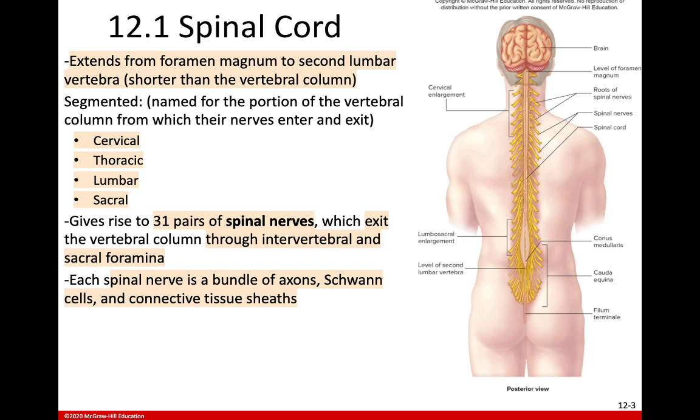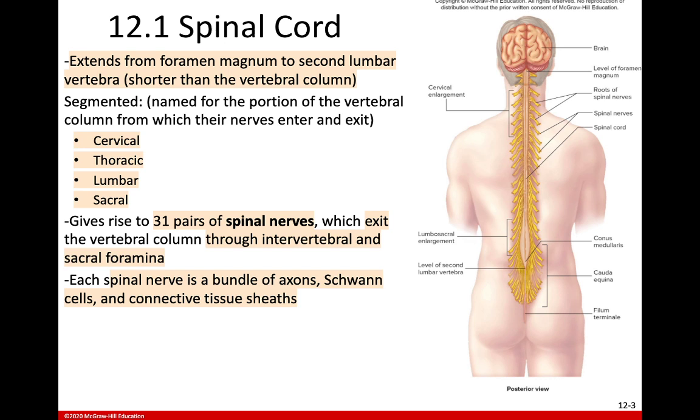So remember, we have foramen or foramina in our vertebra where the spinal nerves enter and exit the spinal cord that is inside those vertebrae. And so these segments of the spinal cord are named for the vertebra through which the nerves that connect to that segment enter and exit.